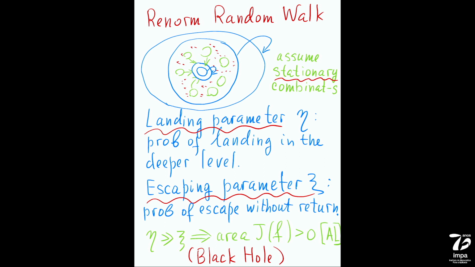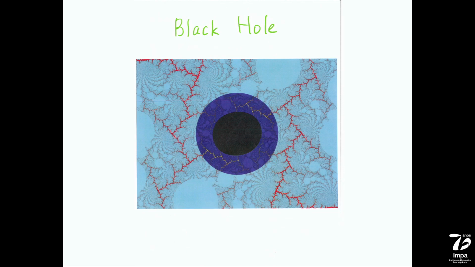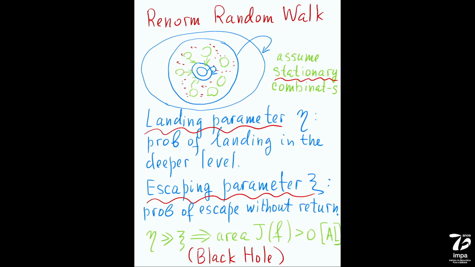Let me just mention that this result in dimension 1 is based on a random walk, a renormalization random walk. You go from scale to scale, and you look at which trend dominates, whether to go from shallower scales to deeper scales or to go from deeper scales up to shallower.